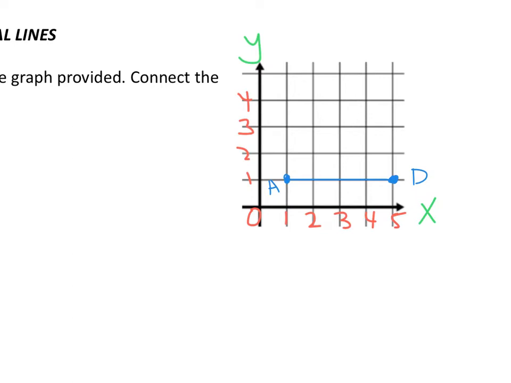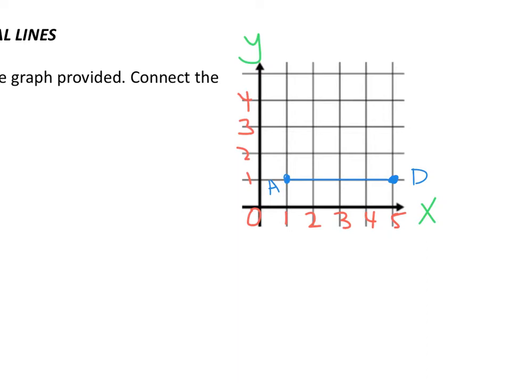So if I need to find the rise and the run, okay, normally what I'd have you guys do is I'd say draw a triangle between points A and D. But line AD is completely flat. There is no way for me to join points A and D other than the line that I've already drawn in between them. So there is no rise for this particular line.